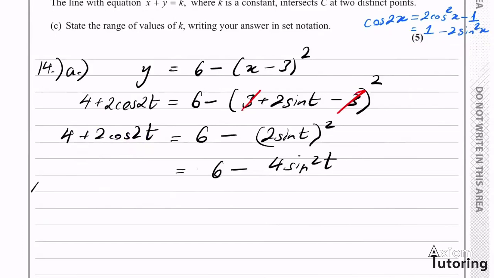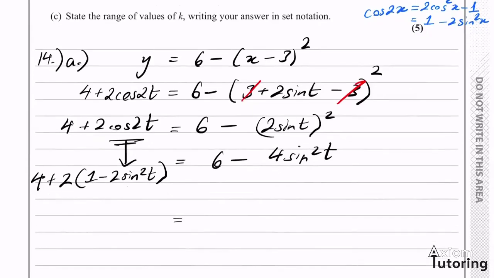So 4 plus 2, now we're rewriting this cos 2t. cos 2x is equal to 1 minus 2 sine squared x. That's our double angle formula there. So then all we have to do is use t as our variable instead of x. So we're going to write 1 minus 2 sine squared t.